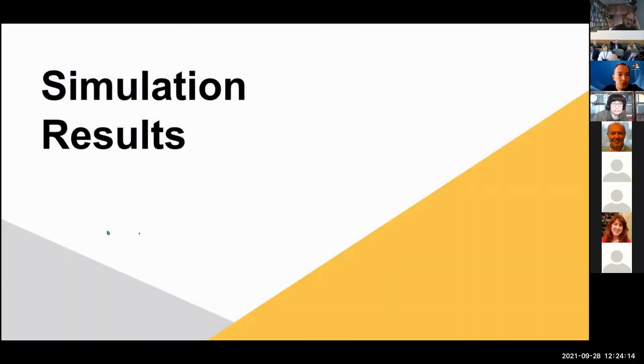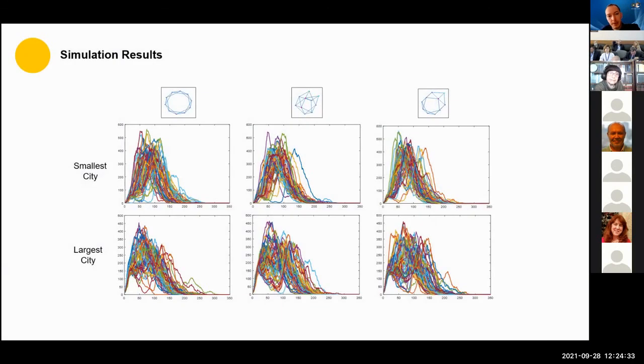So what are the simulation results? I ran this for 350 iterations with 10,000 people in my agent-based model, and I checked what the simulation results are. The basic thing is I start the simulation with the infection from either the smallest city or the largest city.